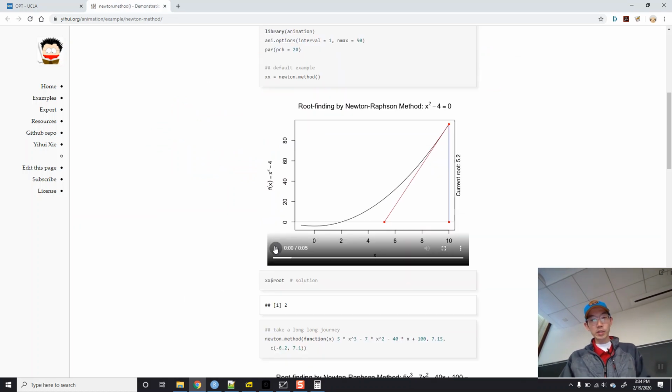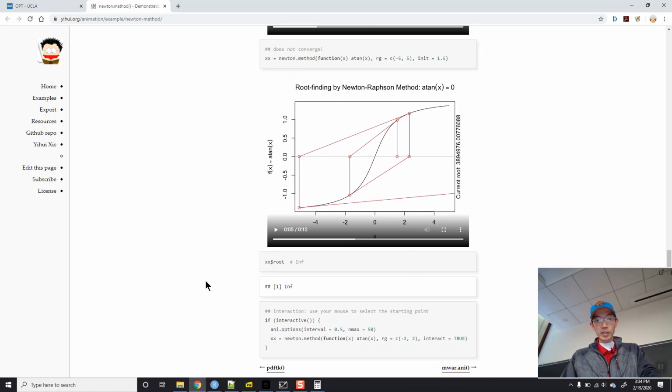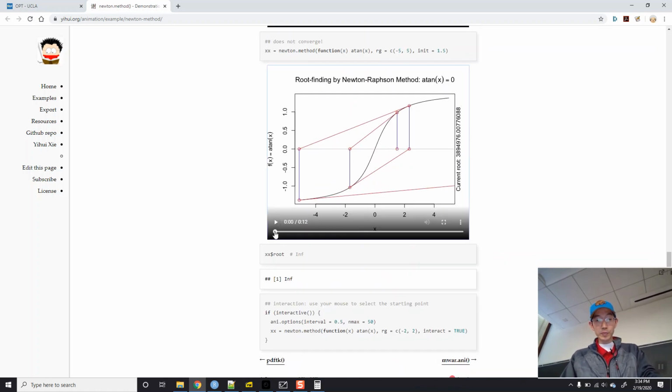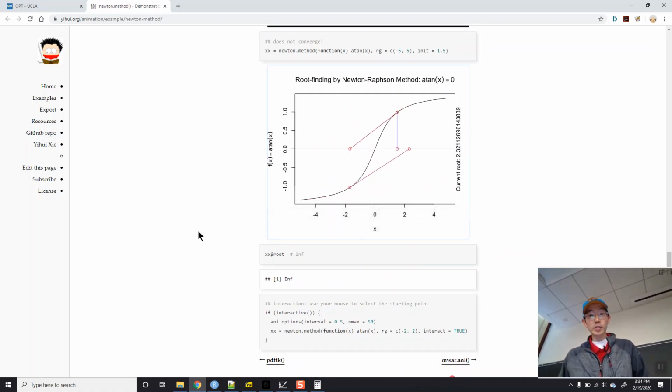This is pretty much like the illustration I did, where it just follows along, so this one has no problem. But with this one, we start and it's tracing, and we can see it bounces around.